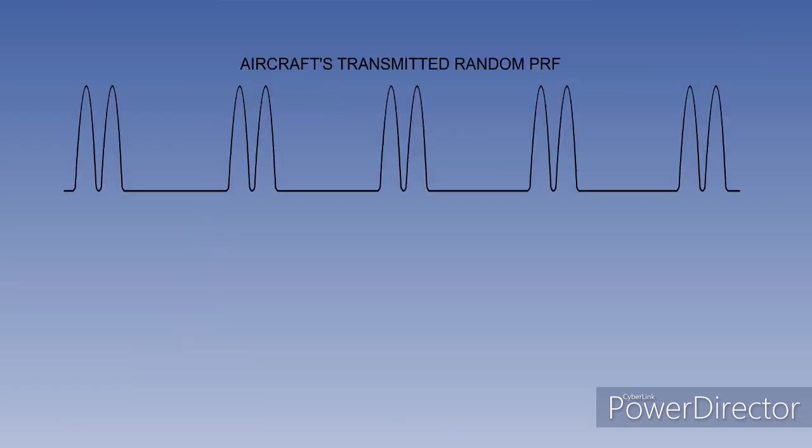Let's look in more detail at this pulse technique. Each aircraft's interrogator is programmed to transmit its paired pulses at random intervals. That is, the transmission sequence of pulses, also called the pulse repetition frequency, PRF, is irregular or jittered.